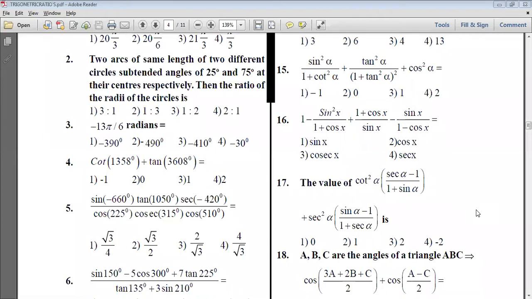Also observe this problem number 5. It is sine of minus 660 degree into tan of 1050 degree into secant of minus 420 degree upon cos of 225 degree into cosecant of 315 degree into cos of 510 degree.